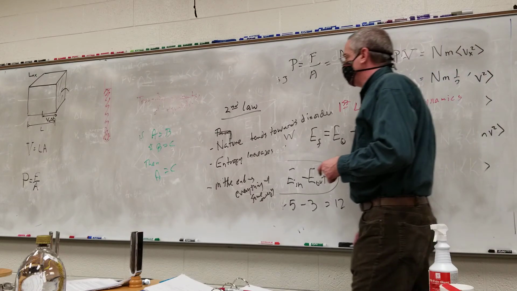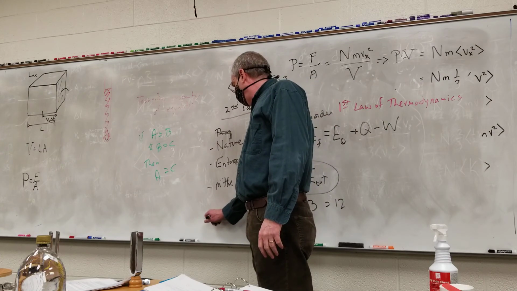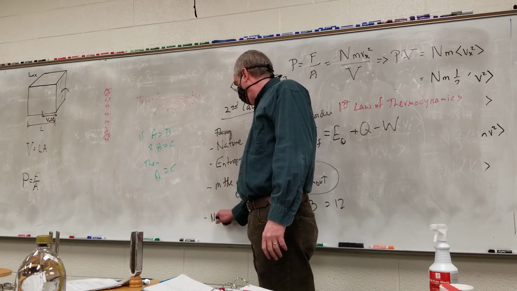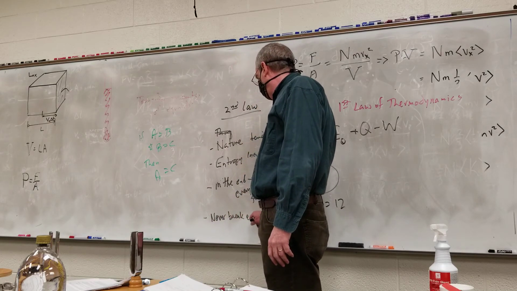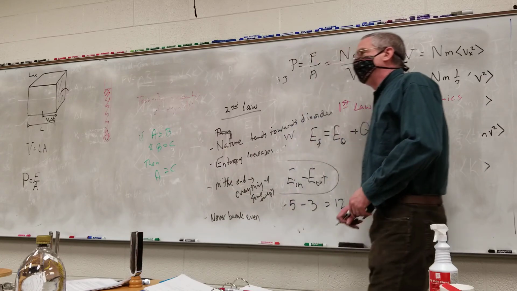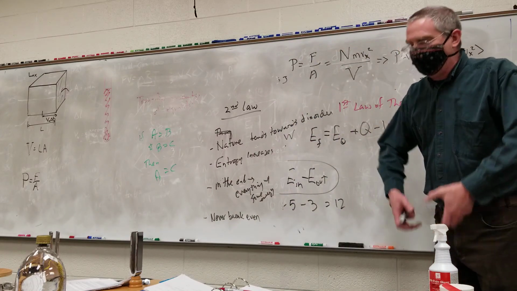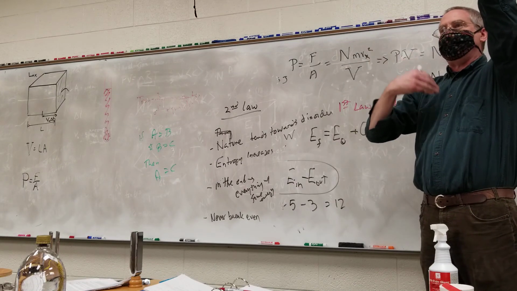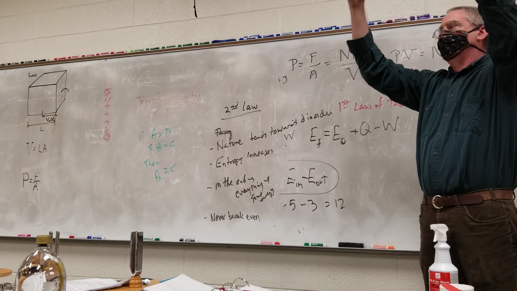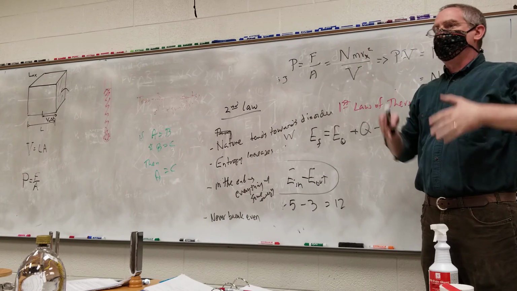Another way of expressing the second law is you can never break even. Energy-wise. If I am going to lift a book up to a certain point, I've given the book potential energy. The amount of energy it takes me to do that is going to be more than the potential energy of the book. You will not break even.